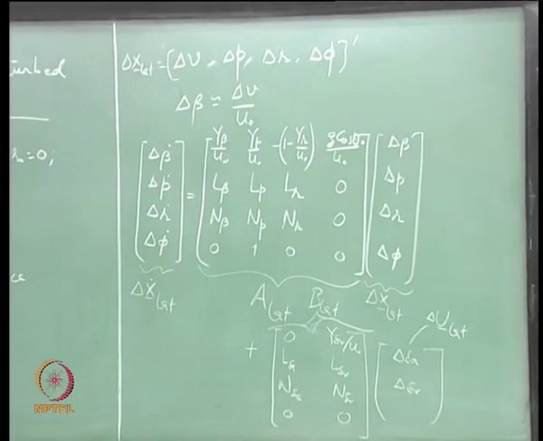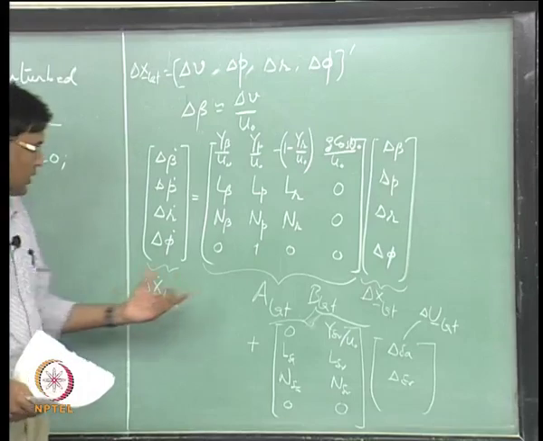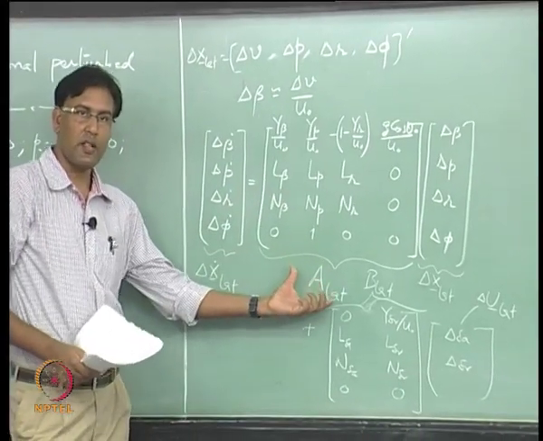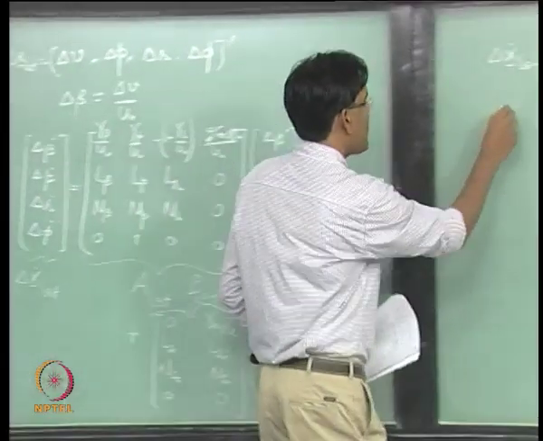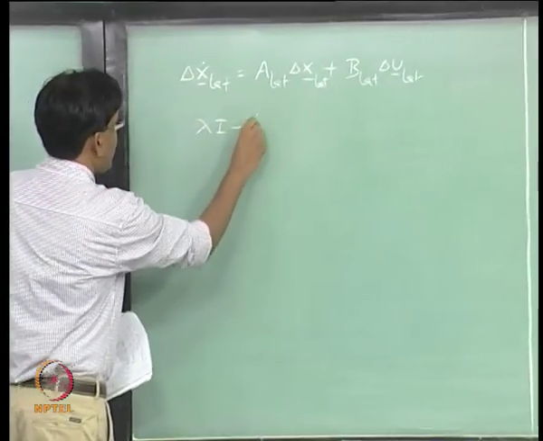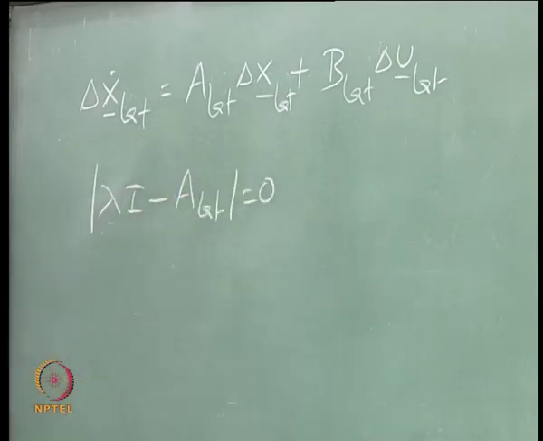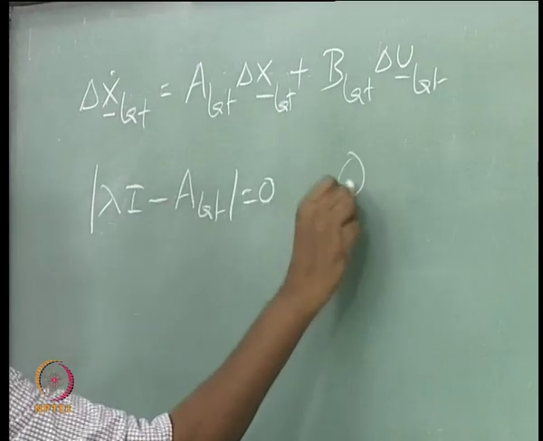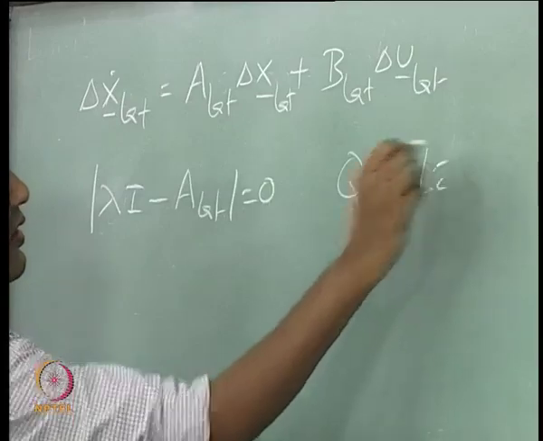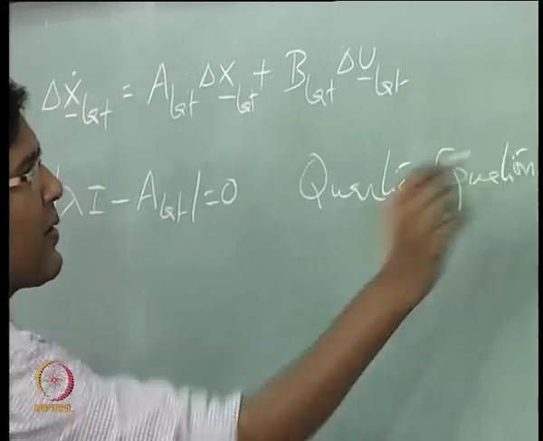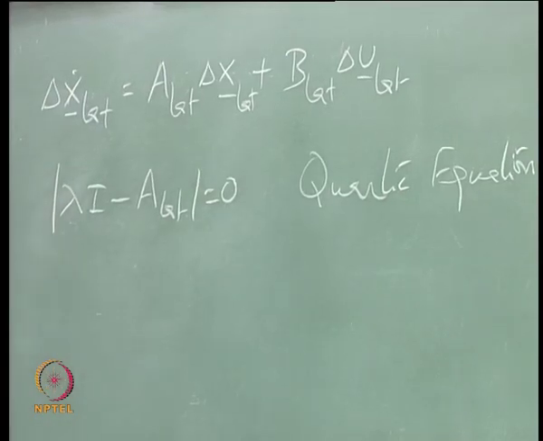Now, we have to repeat the procedure, right. What we did, we solved this matrix for the eigenvalues, right. This gives me the characteristic equation, which is a quartic equation, right.